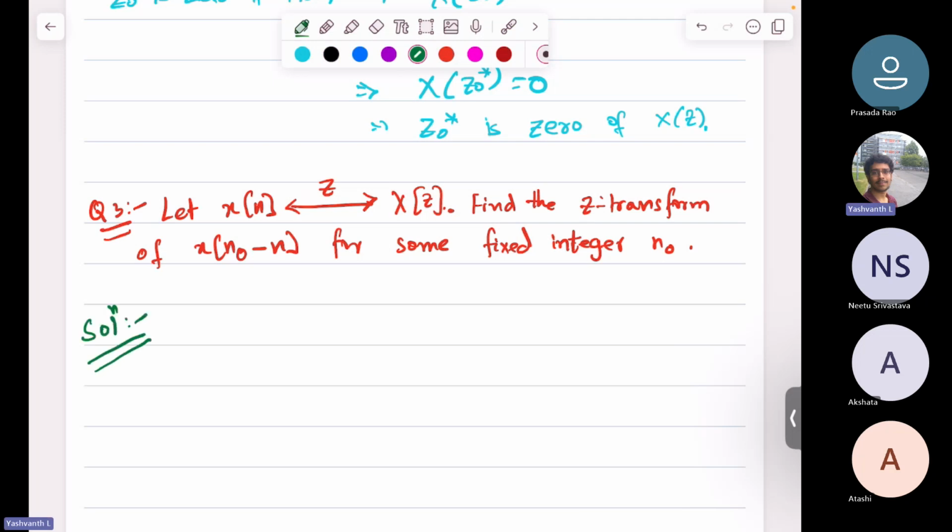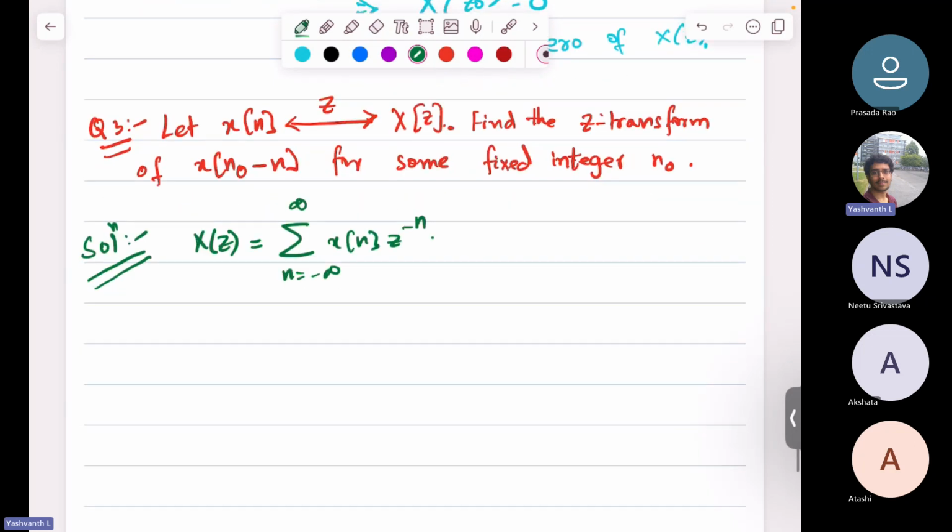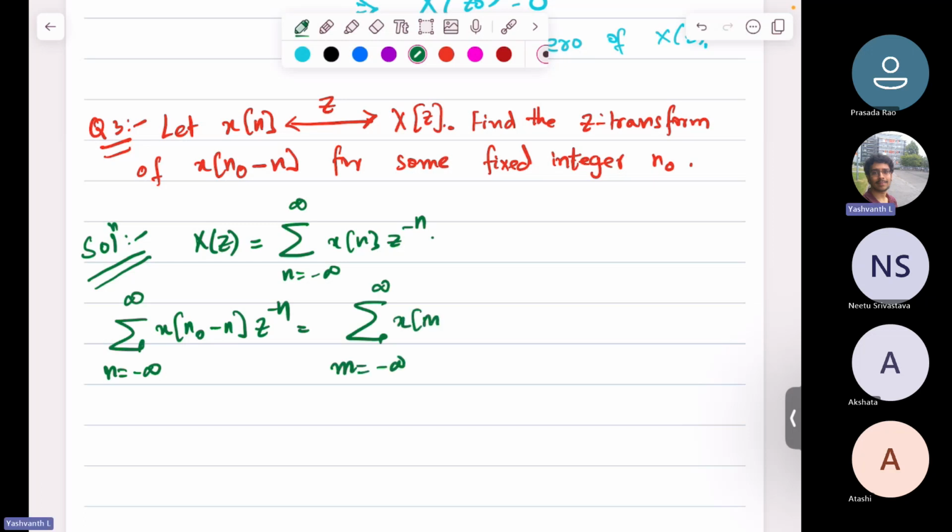Again, it's just by definition. x of z is equal to the sum from n equal to minus infinity to plus infinity of x of n z power minus n. Now what I need is the sum over n from minus infinity to plus infinity of x of n naught minus n times z power minus n. You can write this as the sum over m from minus infinity to plus infinity of x of m times z power minus of n naught minus m.